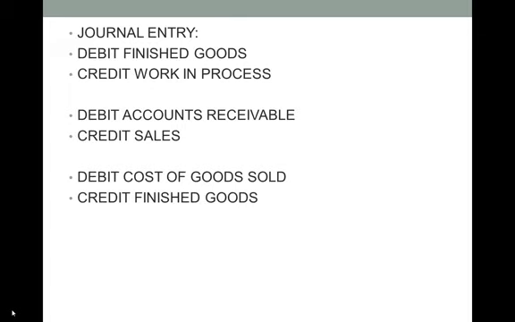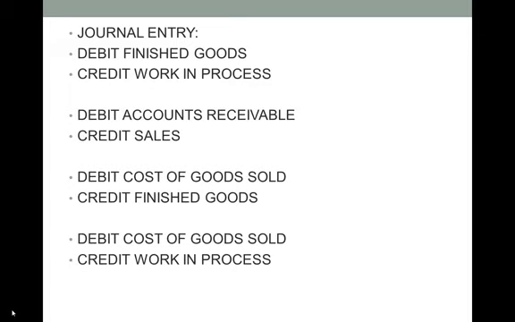And then, if a job is delivered directly to a customer, the entries to record the completion of the job and the delivery to the customer may be merged into one. As follows: debit cost of goods sold and then credit work in process.